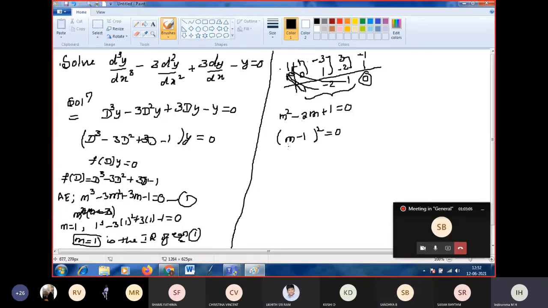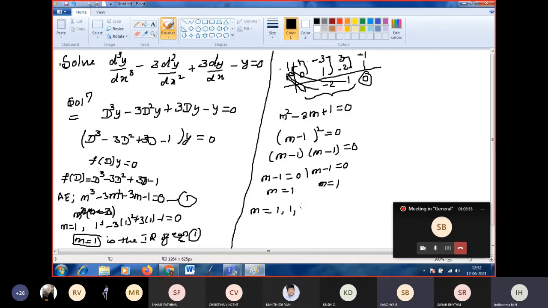Correct? That is m minus 1 into m minus 1 equal to 0. That is m minus 1 equal to 0 or m minus 1 equal to 0. So m equal to what? 1. Therefore, what are the roots we got? Real and equal, 1, 1, 1.